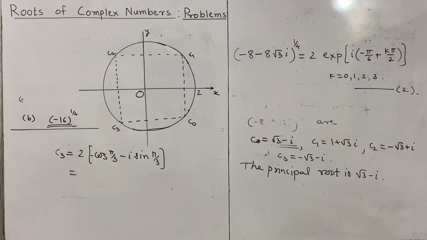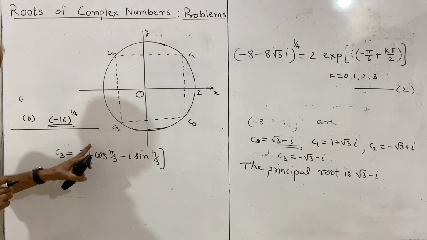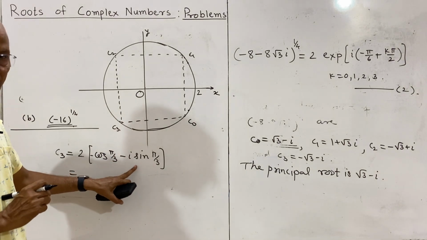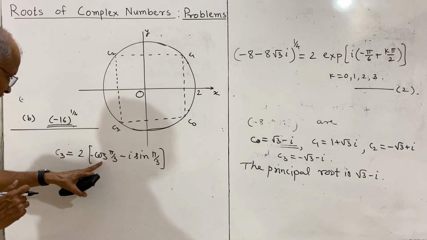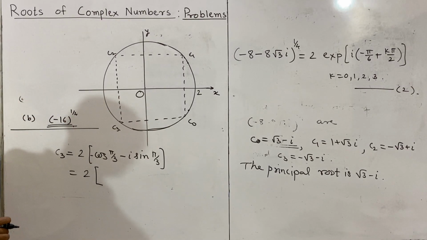See, there is a correction in the value of C3. C3 we have written like this, 2 into bracket minus cos pi by 3 minus I sin pi by 3. This we have written correctly, but while writing the value of cos pi by 3 I made a mistake.